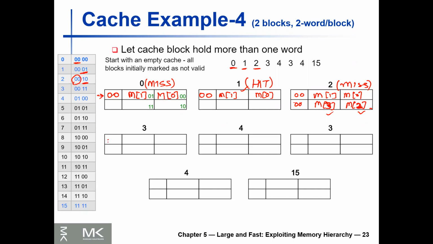Now, girls, this is the current situation of the cache I am mentioning. Tell me, when you access address 3, what will happen? Yes, exactly, a hit. Now in this current situation you are going to access 4. Is this a miss? Yes, it is a miss. But where is 4 going to be written?